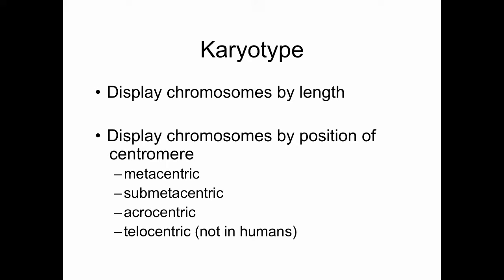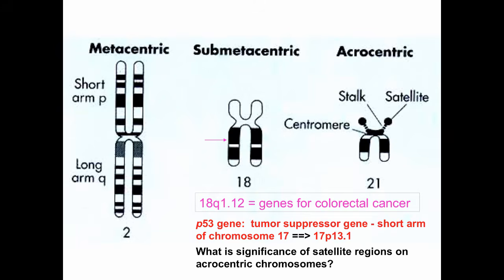Submetacentric chromosomes, one arm is clearly longer than another arm, so the centromere is not in the middle. Acrocentrics, the centromere is near the end, so you've got a really small arm and then a long arm. Telocentric chromosomes, which don't exist in humans but do exist in, for example, rodents, the centromere is right at the end of the chromosome, so there's only one arm. But again, this is not something to worry about in humans.